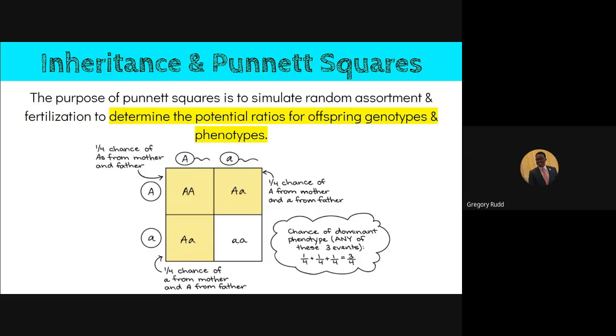We don't have any way of knowing what the specific genetic makeup of the offspring will be, because this is a random process. But in order to make educated guesses about what some of the potential traits of the offspring will be, we use these Punnett squares. We use Punnett squares to determine the potential ratios of offspring genotypes and phenotypes.